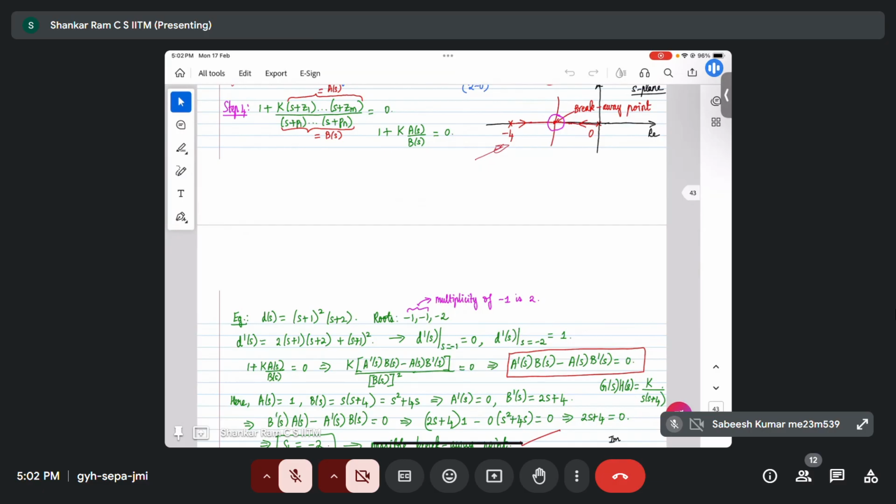When we are here, so let's get started with today's class. So if we recollect, we were looking at steps involved in constructing the root locus, and we essentially studied the first three steps, right?